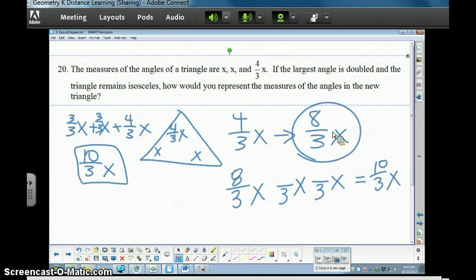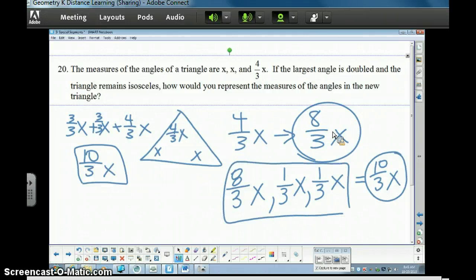So what would be our new numerator? 8 plus something equals 10, and they have to be the same. So 1/3 and 1/3. Now it adds up. 8 plus 1 plus 1 is 10, and so it still adds up to 10/3 x. We kept our same ratio, but we doubled our largest angle. I hope that makes sense. So this was our final answer: 8/3 x, 1/3 x, 1/3 x.